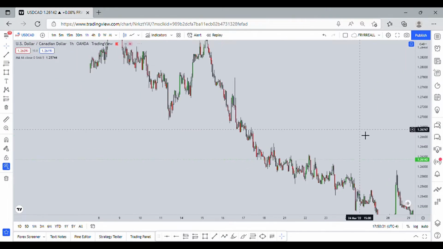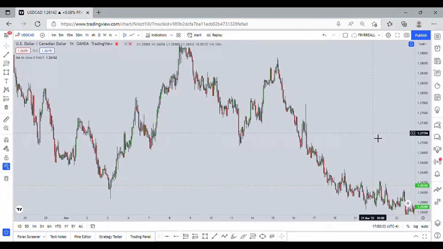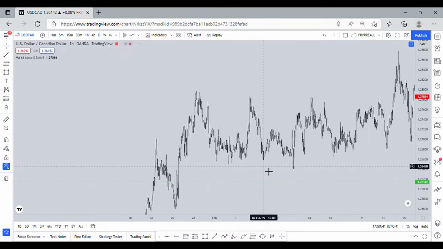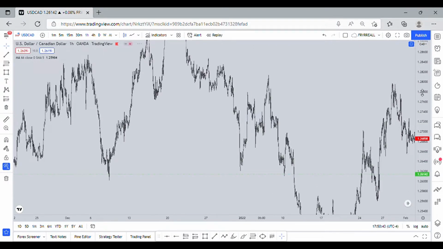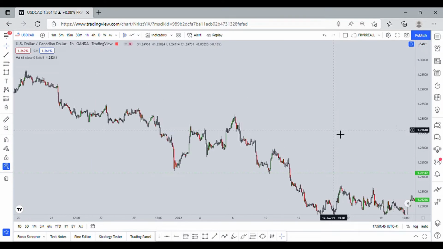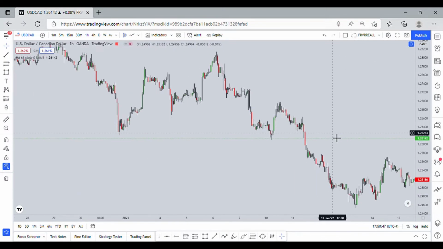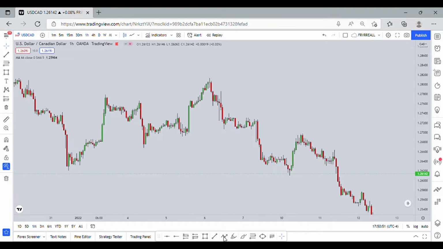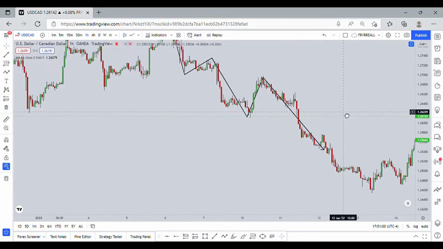Now let's look at the flip side, when it's a downtrend, when the market is going down instead of going up. All right, here's a downtrend. Here you see impulsive move, retracement, impulsive move, retracement, impulsive move.